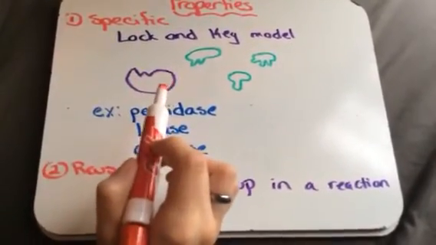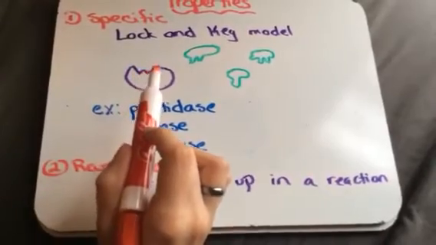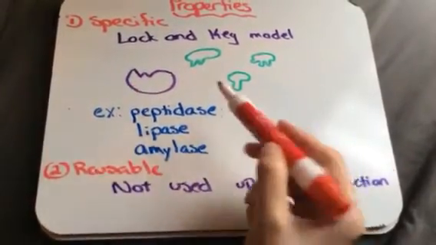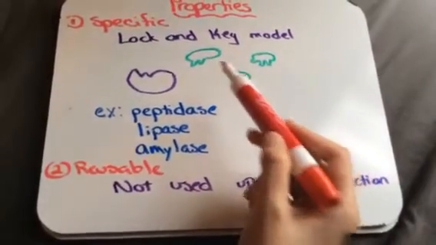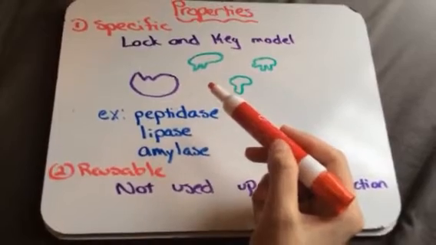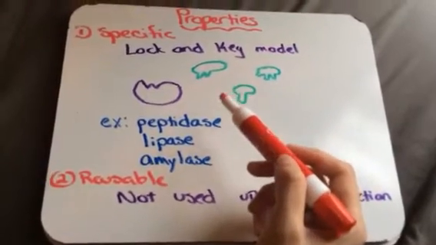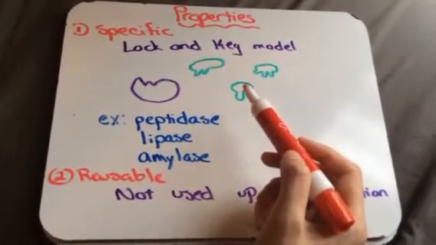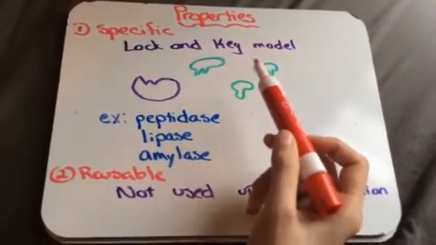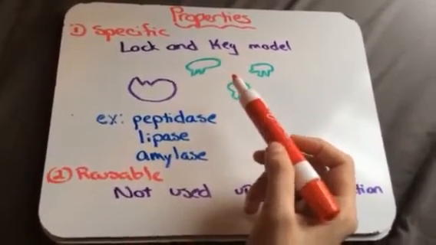So here's our enzyme. Notice it has this very particular shape, and let's say it wants to find its substrate. Now, these are some example substrates, and the substrate just means the thing that the enzyme will work on. Now, it can break it down, or it can change it, or build something, put it together. In this case, let's say the enzyme is breaking something down.